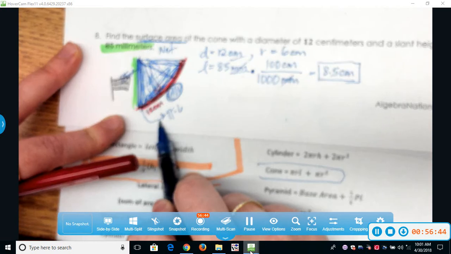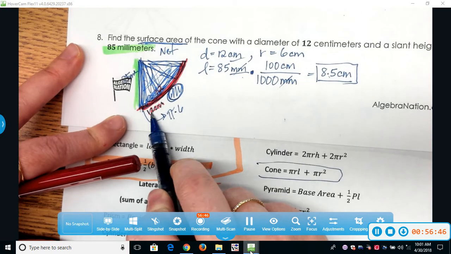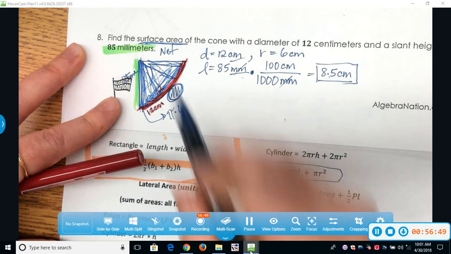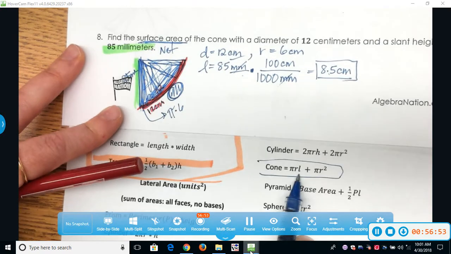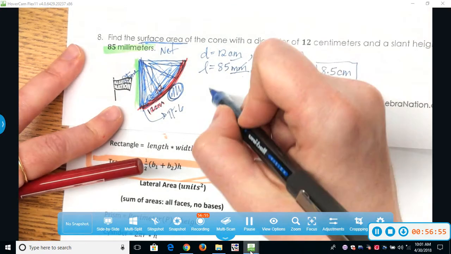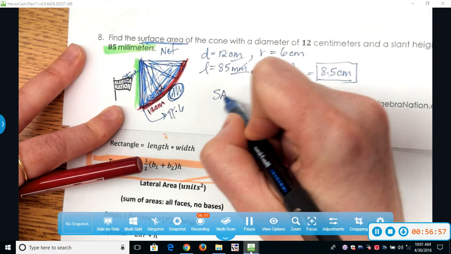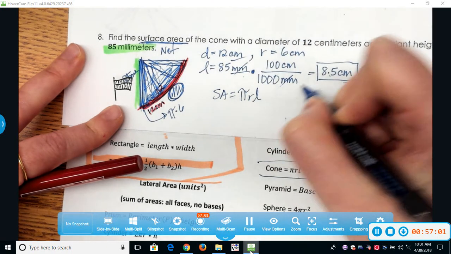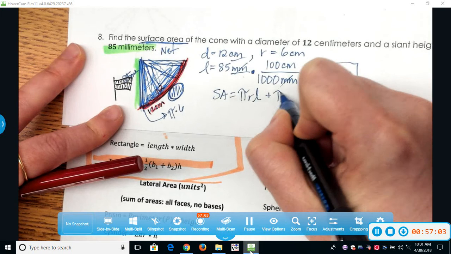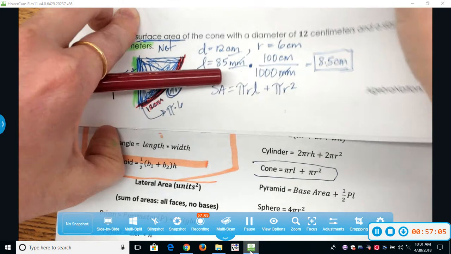It's like a triangle, so that's where the r comes in instead of your height. So, my surface area is pi r L, meaning slanty height, plus pi r squared.